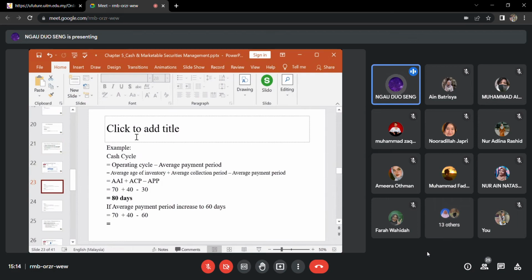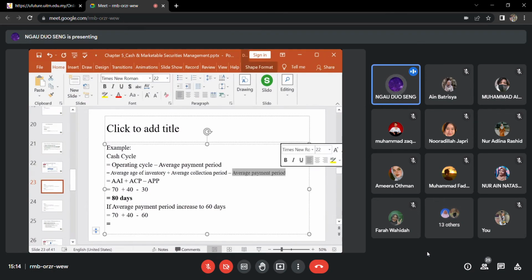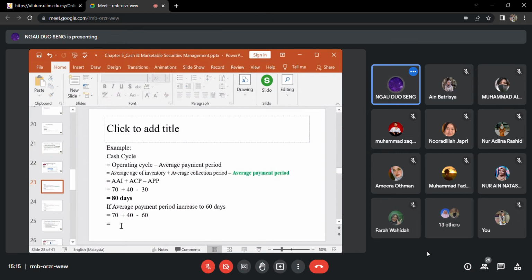Okay, so you can see an example. You can see the operating cycle, this one we calculate if, we just say if, the average payment period increases to 60 days. The average payment period is 30 now. We are focused on this one. So if the APP increases to 60 days, what is the cash cycle? 40 plus 70 plus 40 minus 60? 50.